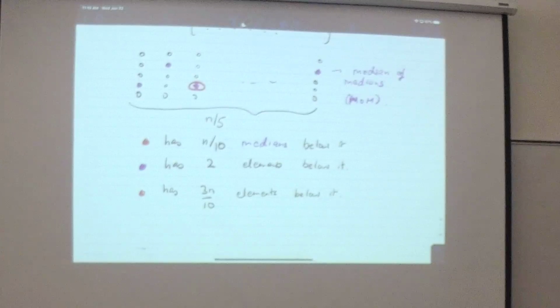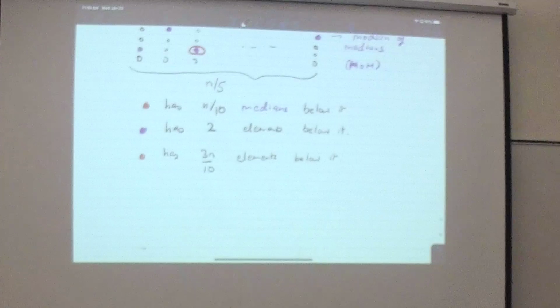So if you imagine the list as actually being sorted, which it isn't, that red point is somewhere in the range from above 3 n over 10 to 7 n over 10. I don't know where it is, but it's somewhere there.